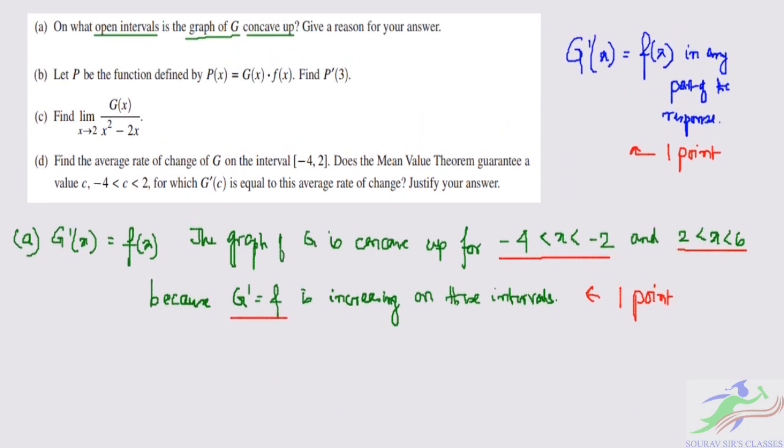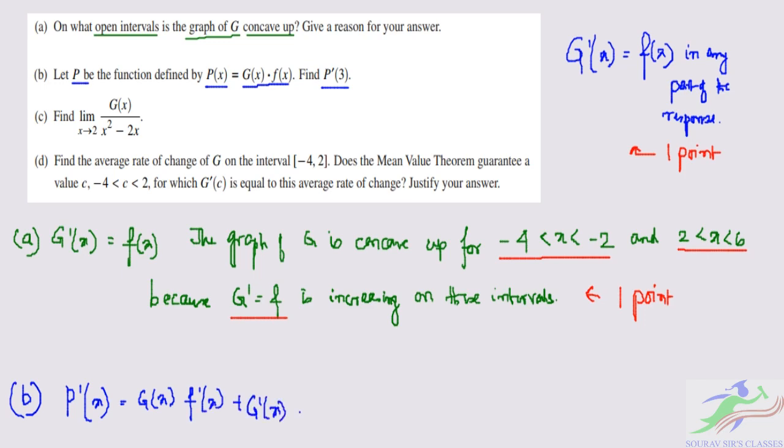Part B asks: let P be the function defined by P(x) equal to g(x) times f(x). You have to find P prime of 3. We have P prime of x equal to g(x) f prime(x) plus g prime(x) f(x).